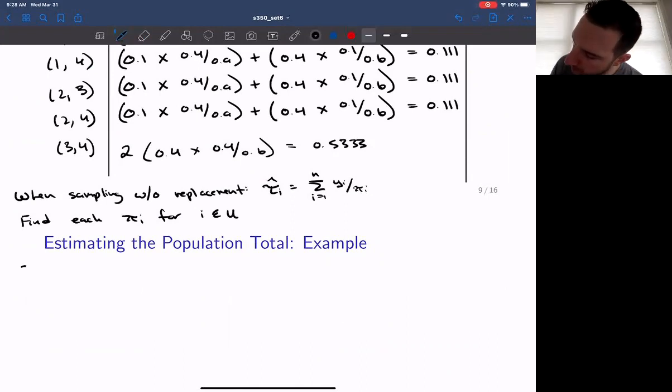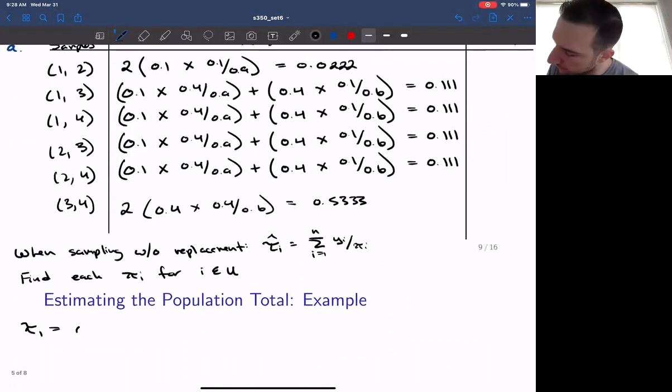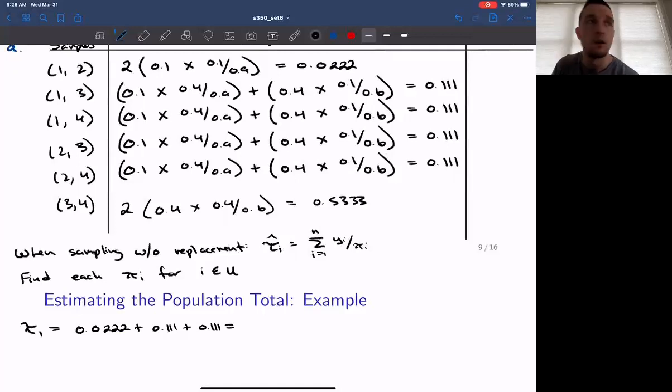So basically the way that this works is, for example, pi 1 is going to be the complete probability of observing unit 1. So that means that we would have 0.0222 plus 0.111 plus 0.111, which is equal to 0.2444.